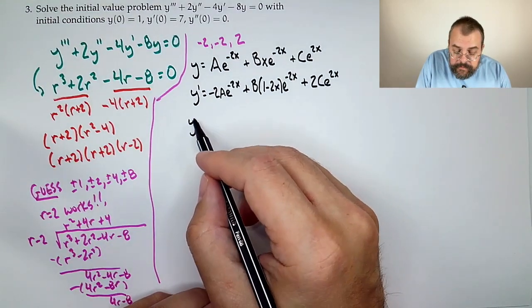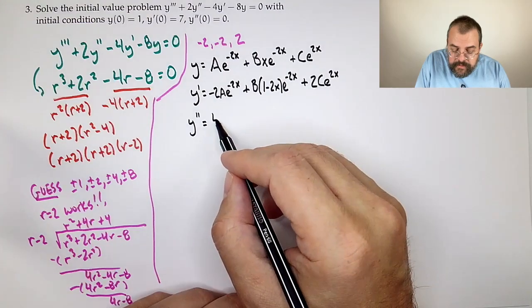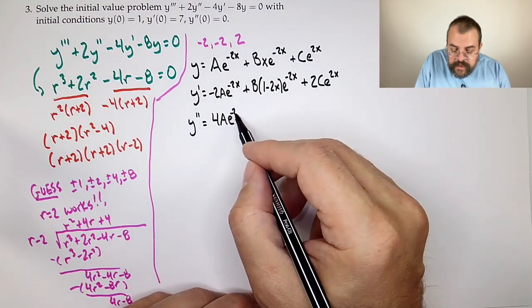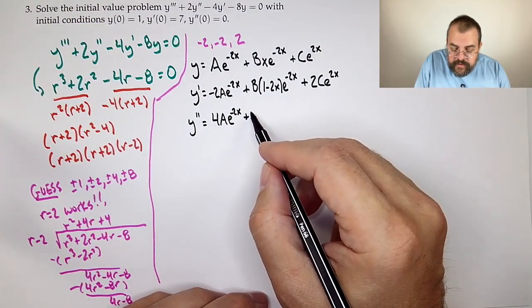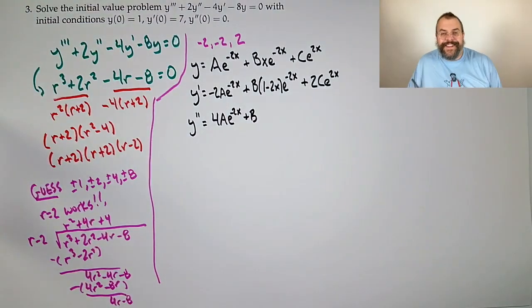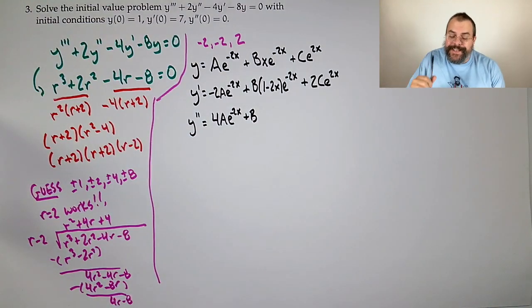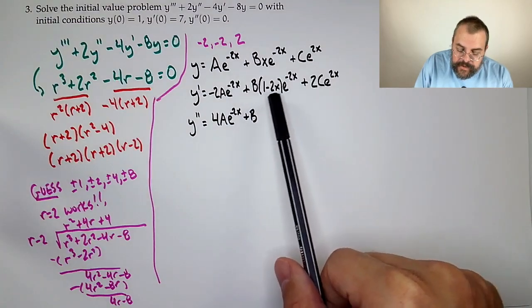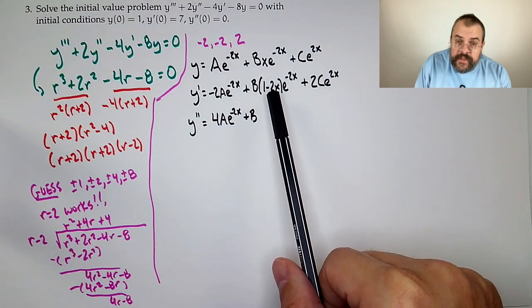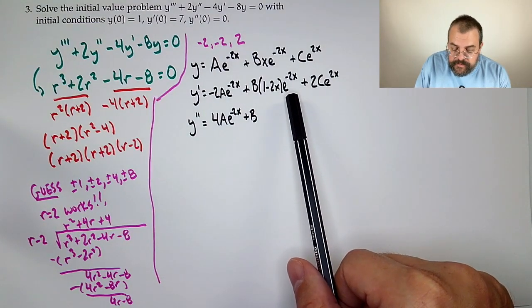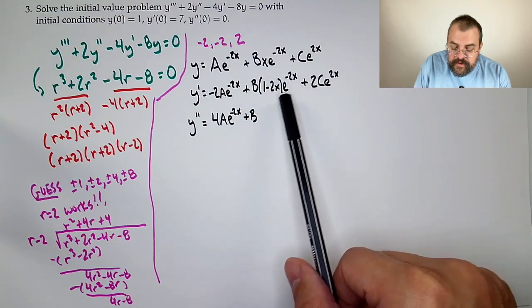y double prime, that'll be 4a e to the minus 2x plus b. Here we go again. Take the derivative of the first, that would be minus 2 times e to the minus 2x. And then we take the derivative of the second.